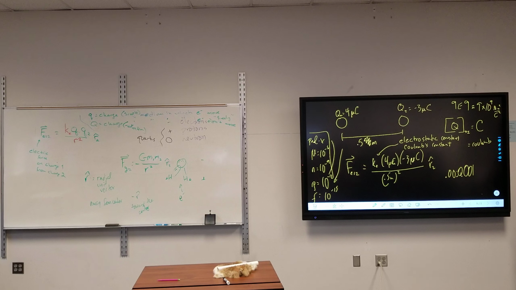Or in the lab that you'll be doing, they take it out to 10 decimal places. The units are Newton meter squared per Coulomb squared. So that's for the electrostatic constant? Yes, or Coulomb's constant, whichever way you're feeling today.